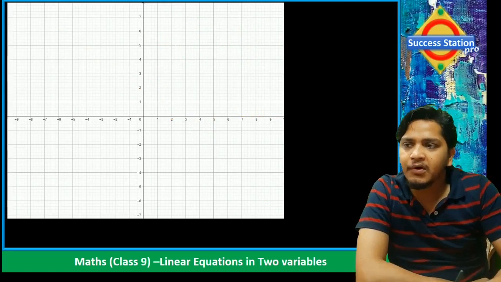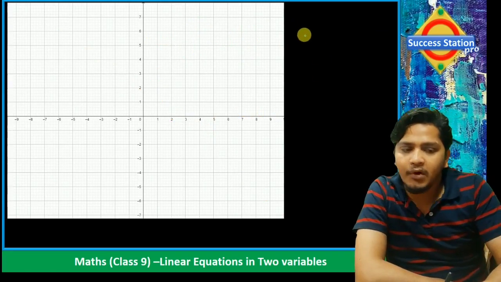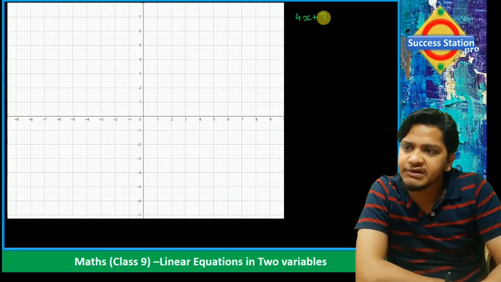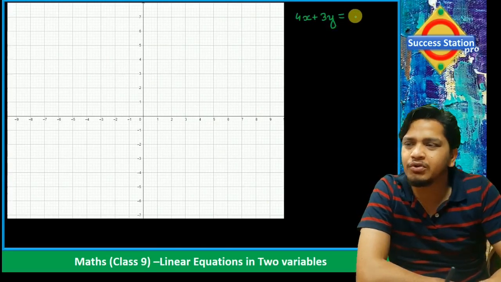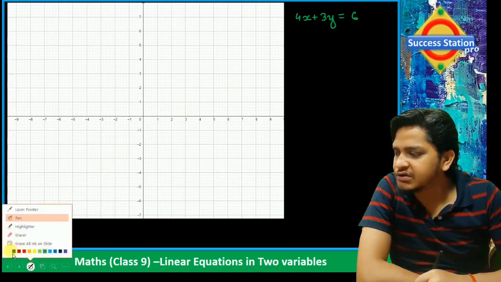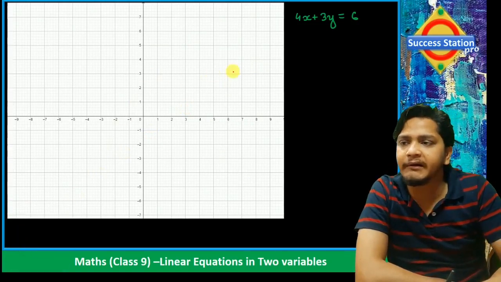Okay. Now what we observe is that there are many solutions of a linear equation in 2 variables.